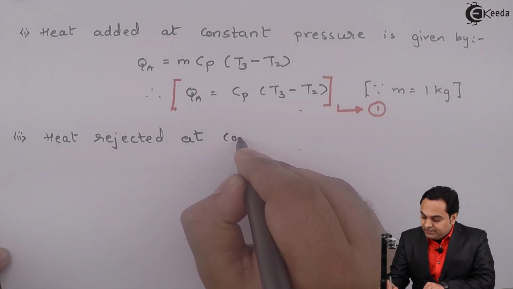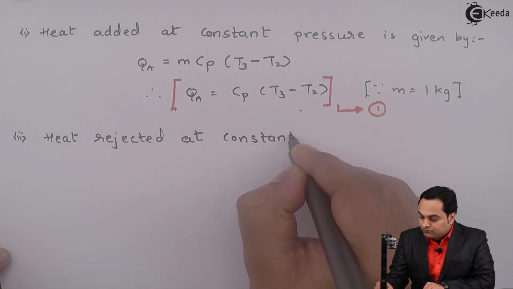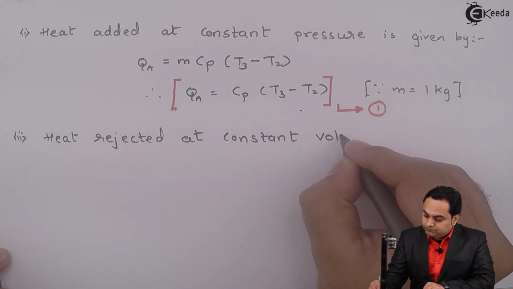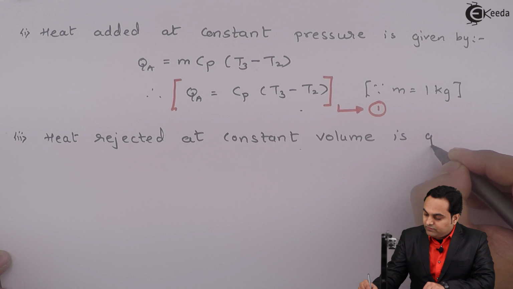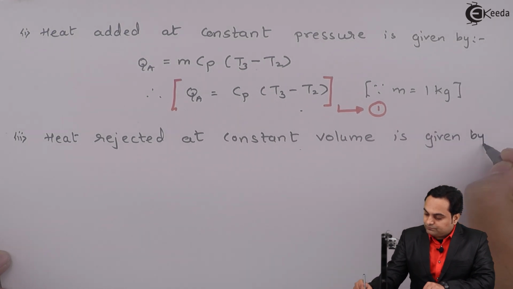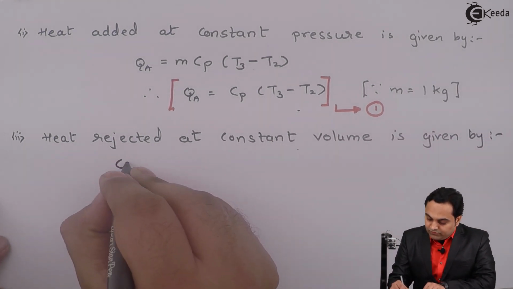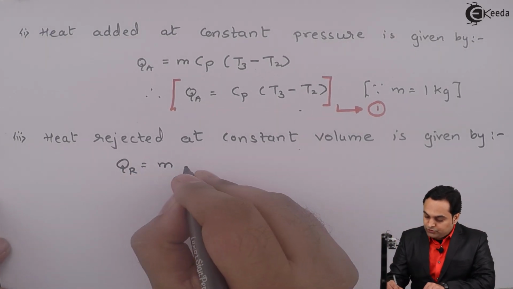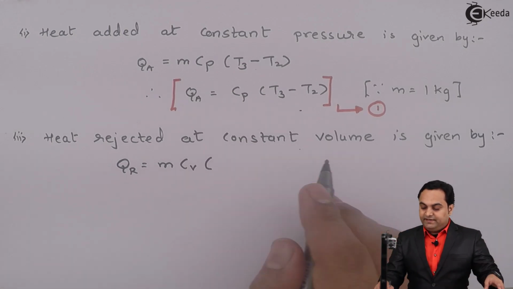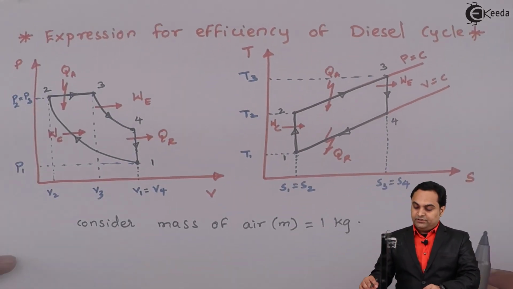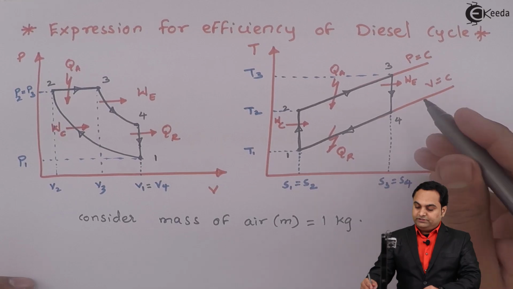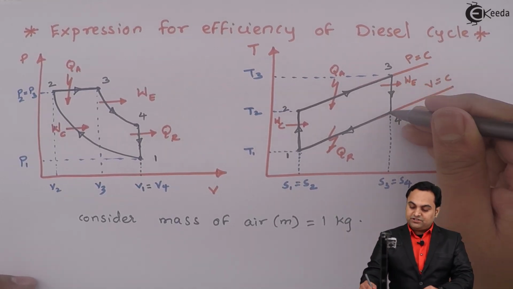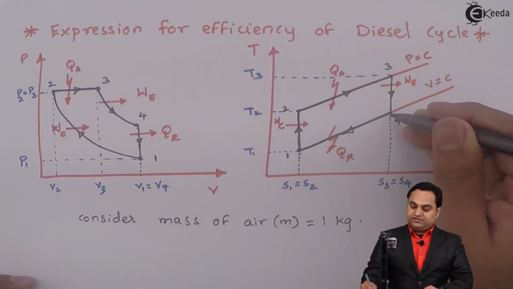So heat rejected at constant volume is given by Q suffix R is equal to m, and it is constant volume, so m Cv. Heat is rejected from point 3 to 4, so the temperature difference will be higher temperature minus lower temperature, that is T3 minus T4.